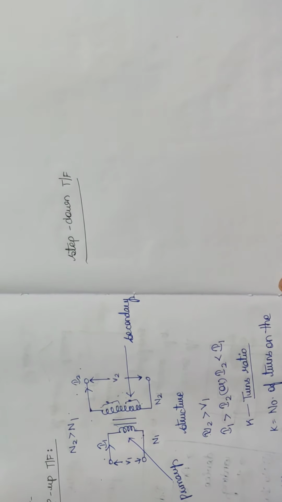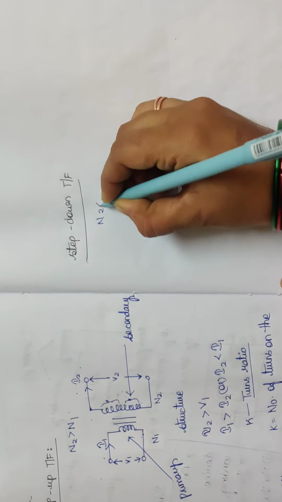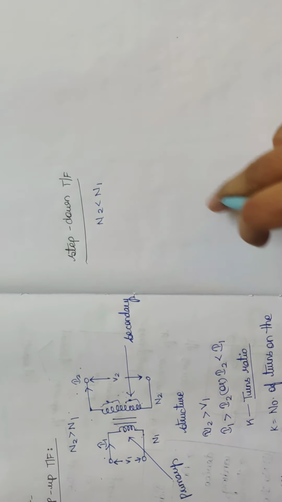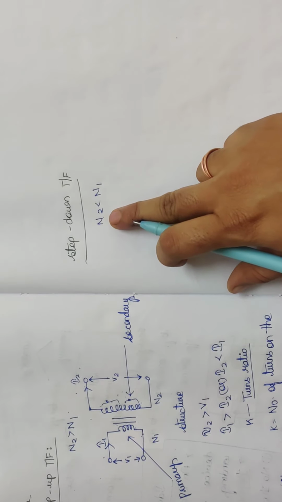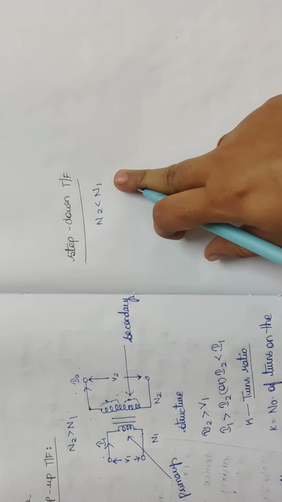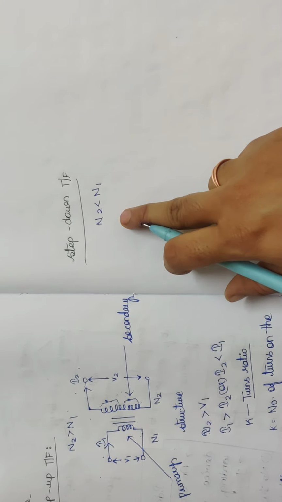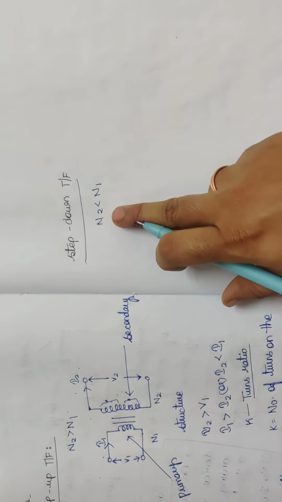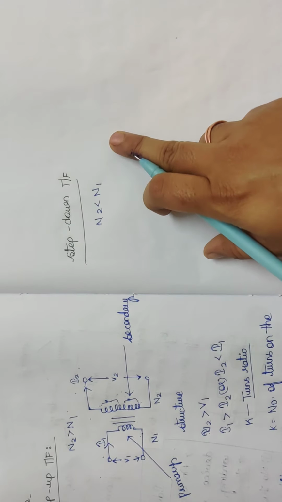So in a step-down transformer, N2 will be less than N1. That is, the number of turns is reduced from primary to secondary, or the primary number of turns is more than the secondary number of turns.